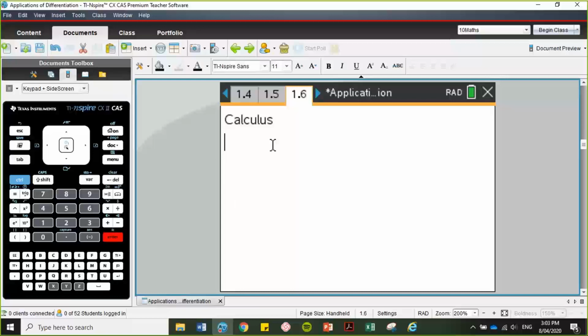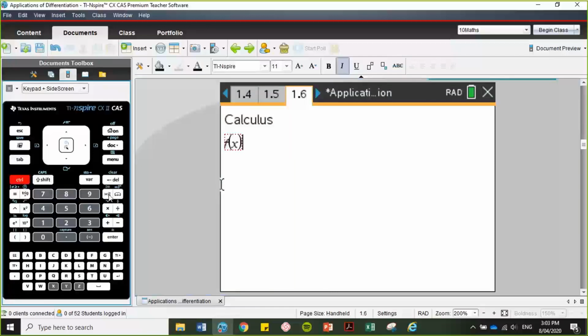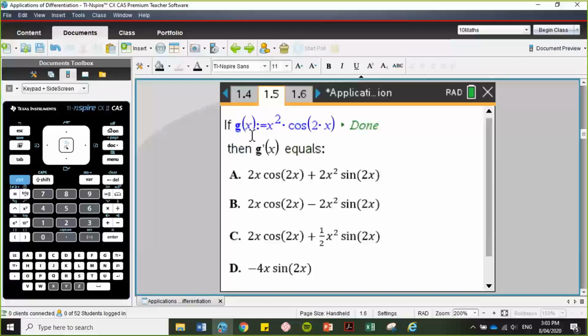However, on a computer, you can type quite easily if you have the software. And then you can insert a math box, and inside that math box, you can define a function using Control and this button here next to 9, and that will help you to define a function. And I'll come back to these math boxes with other examples and show you why they can be incredibly useful.